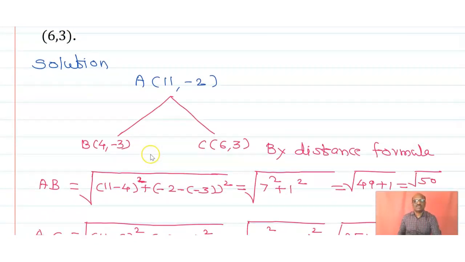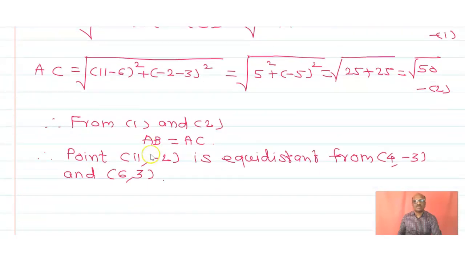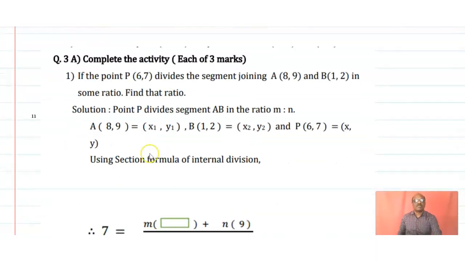You can see this here. Now the next problem. Complete the activity, each of 3 marks. If the point (6, 7) divides the segment joining A (8, 9) and B (1, 2) in some ratio, find the ratio.